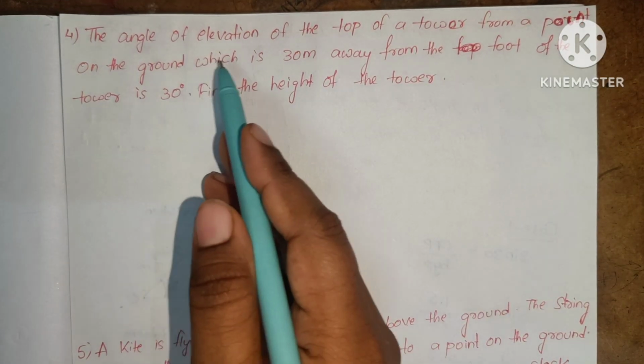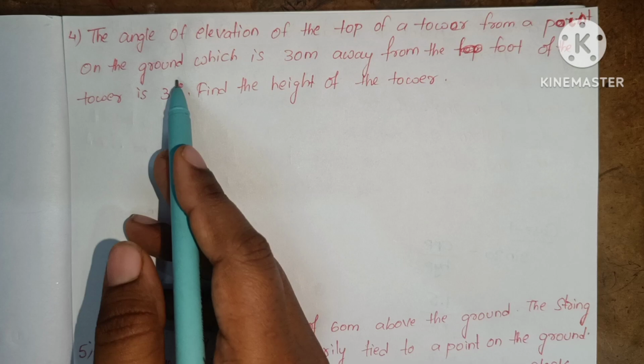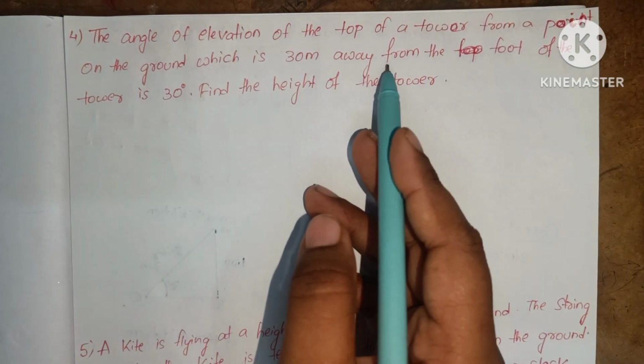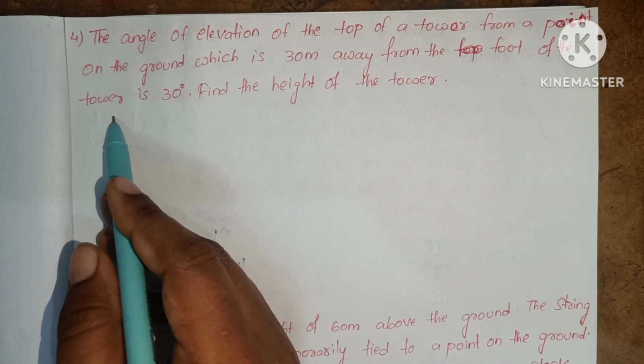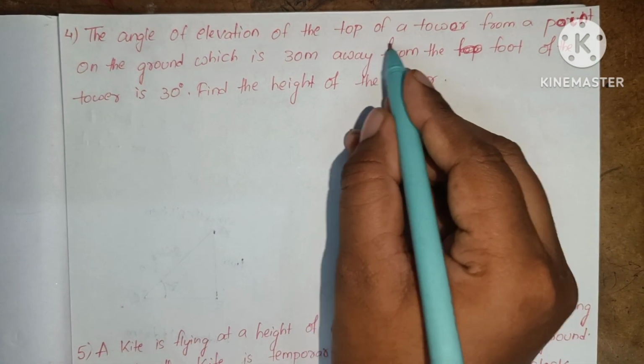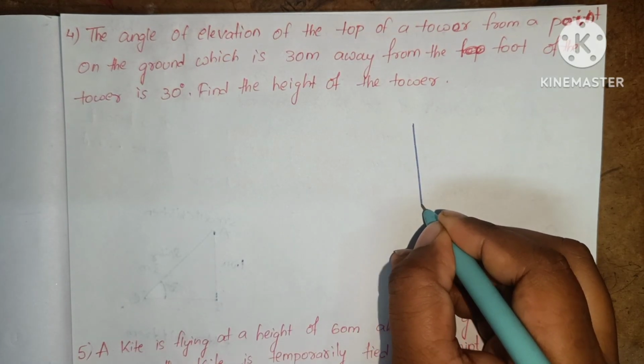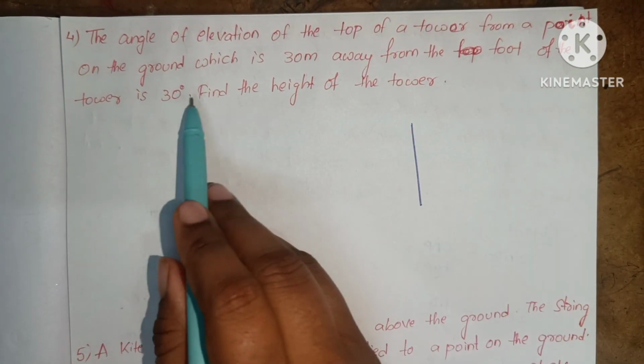The angle of elevation of the top of a tower from a point on the ground which is 30 meters away from the foot of the tower is 30 degrees. That means one tower will be there. Tower means you draw one straight line, as I said.